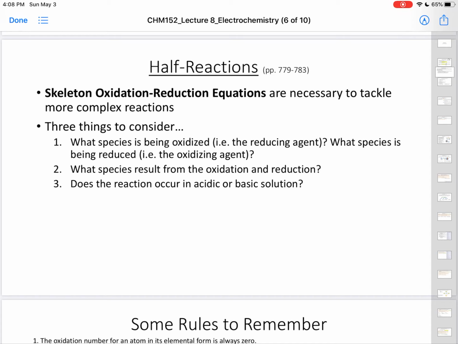Remember, what is being oxidized is always the reducing agent because it causes the reduction of the other species in the solution. And what is being reduced is always the oxidizing agent because it forces the other species to be oxidized, but it itself is being reduced.